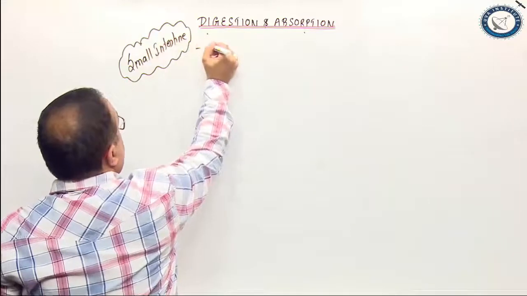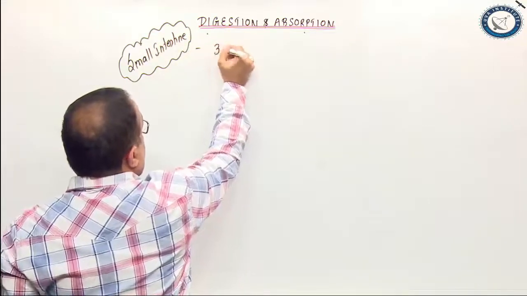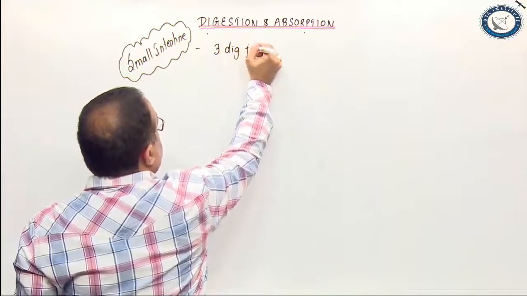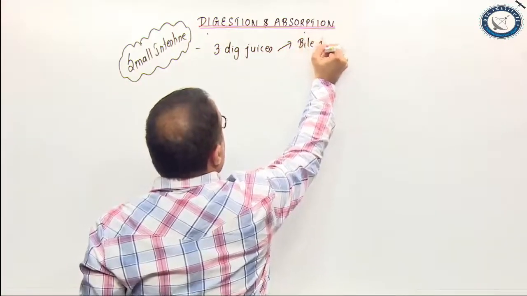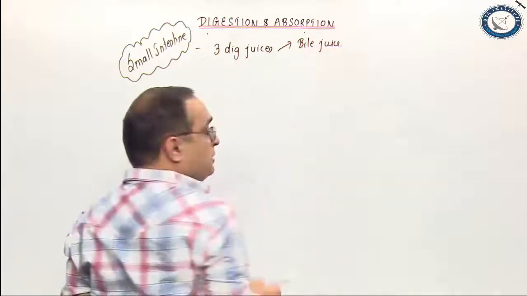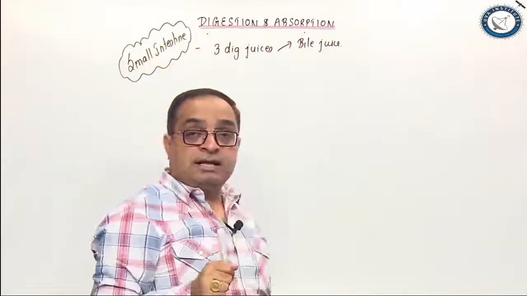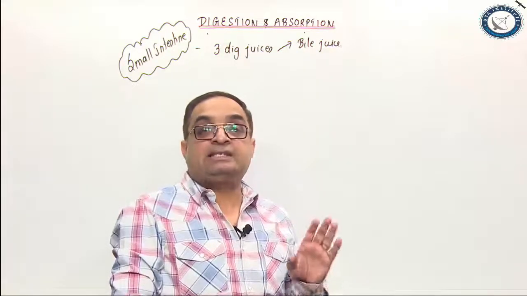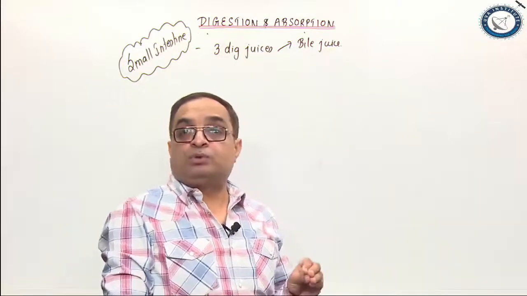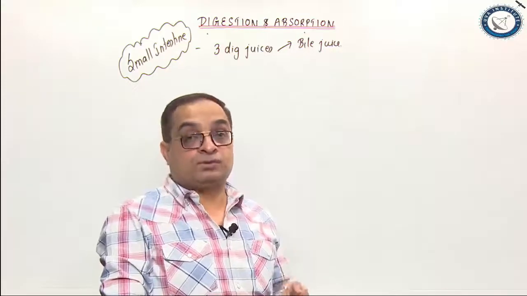As I said, the small intestine receives 3 digestive juices. One is bile juice. Bile juice is produced by the liver and stored in the gallbladder. The gallbladder stores and concentrates bile juice up to 20 times by absorbing water.